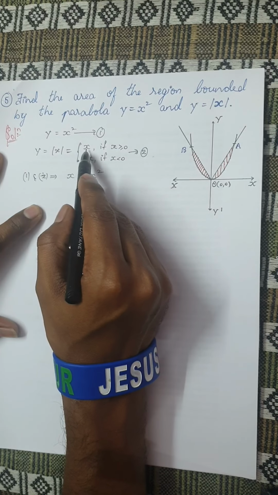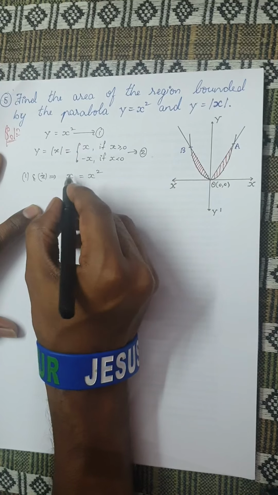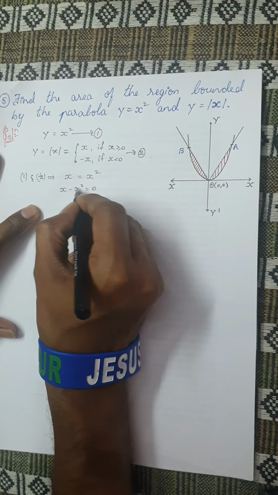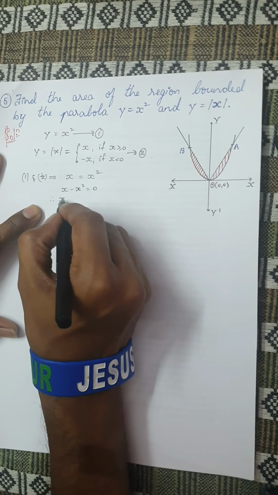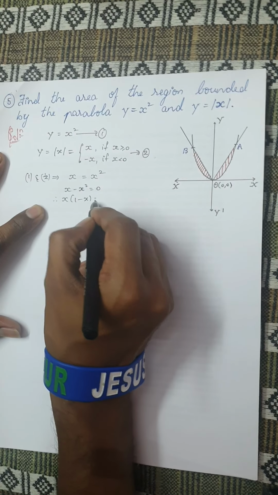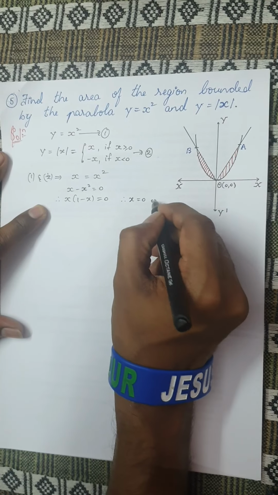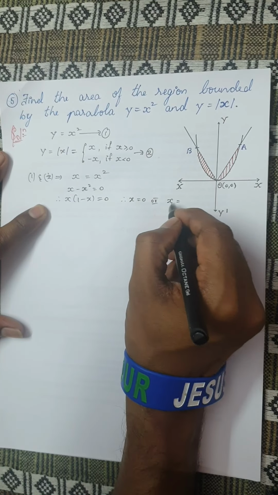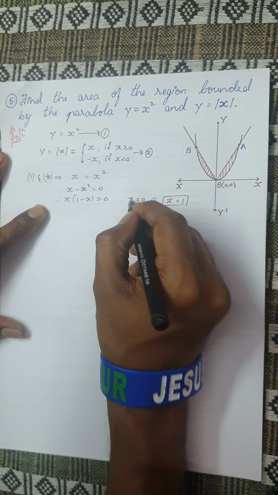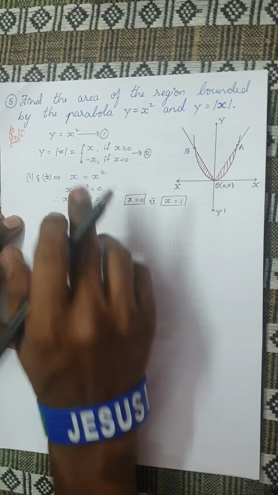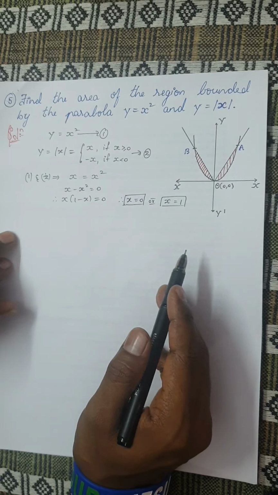So I get x minus x square is equal to 0, therefore x into 1 minus x is equal to 0. Therefore, x is equal to 0 or x is equal to 1. If I put x is equal to 0, I get y also as 0, and if I put x is equal to 1, I get y is equal to 1.